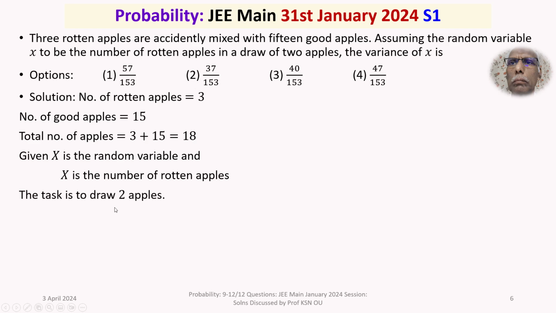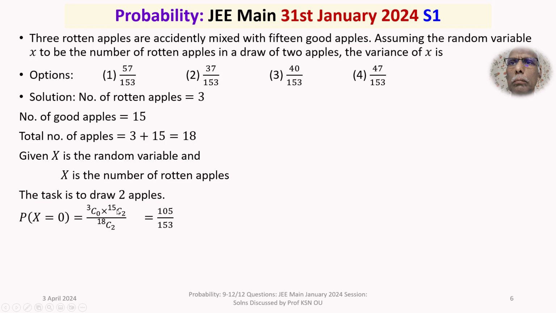The task is to draw 2 apples, and the probability of X equal to 0, that means the probability of drawing no rotten apple from among the 3 rotten apples, is 3C0 multiplied by 15C2.